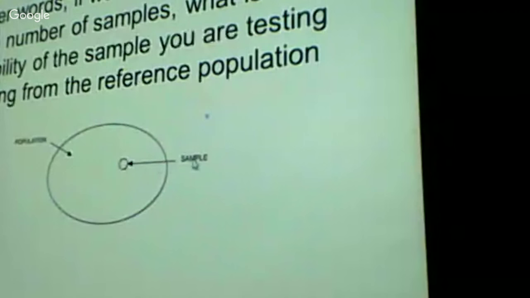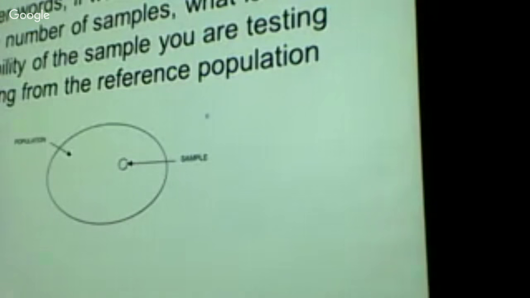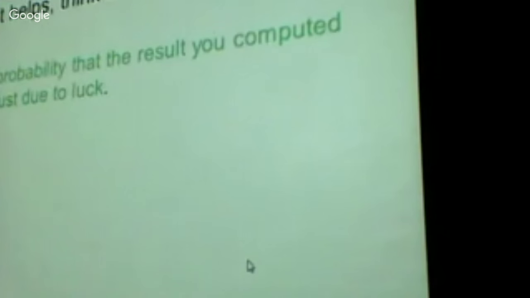So in other words, the probability that what you got came from the universe in which the null is true. That's really what we're testing. Most scientists, believe it or not, do not get this philosophical nuance. Many will state incorrectly that the p is the probability of the null being true. It's not the case. It's the probability of your sample coming from the universe in which the null is true.